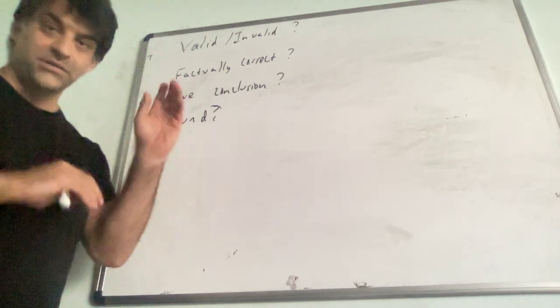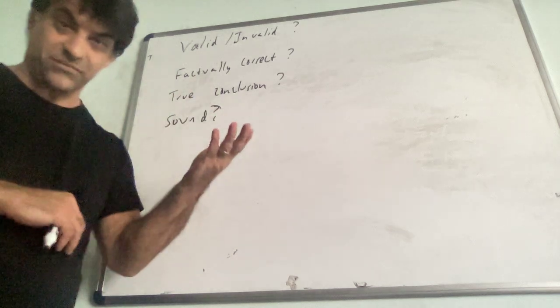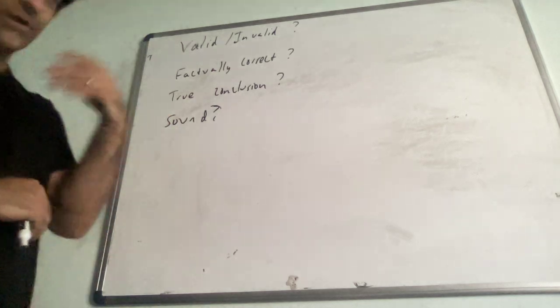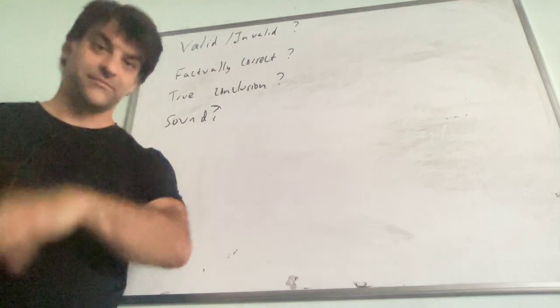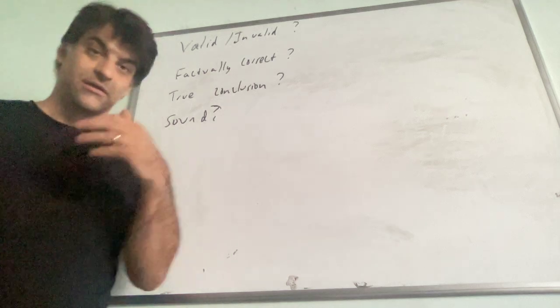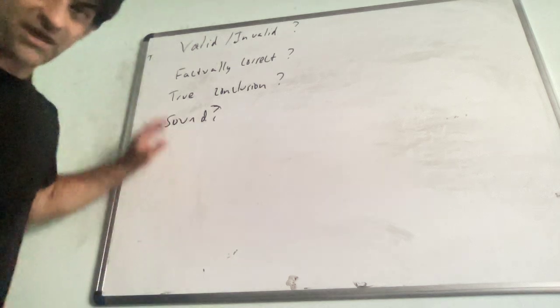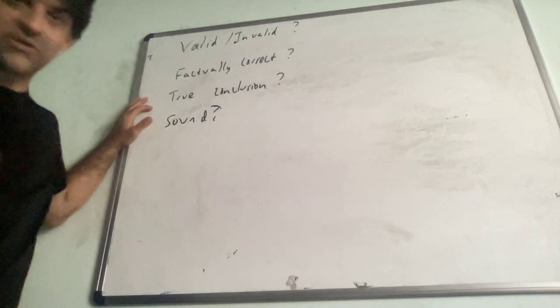Okay. So, true conclusion, same deal. Is the conclusion true? All cats are mammals. Cleo's a cat, so Cleo's a mammal. That's true. I've given you, though, invalid arguments with true conclusions, right? So an invalid argument can be factually correct. An invalid argument can have true conclusions. What do I mean by can?